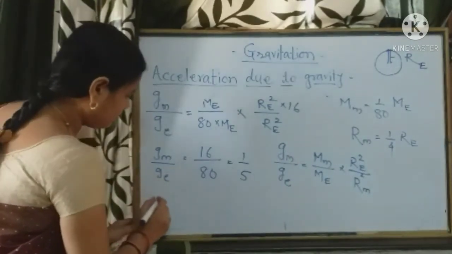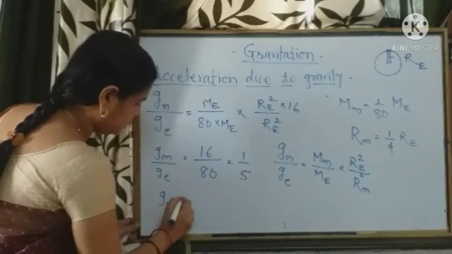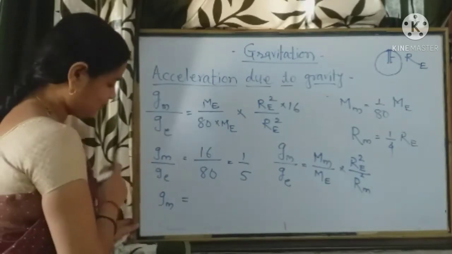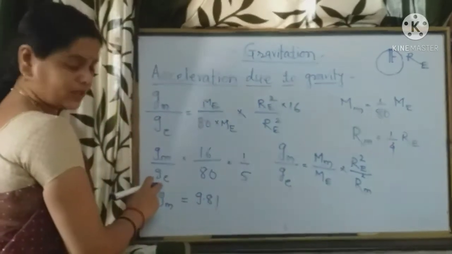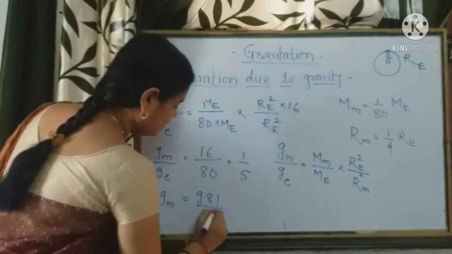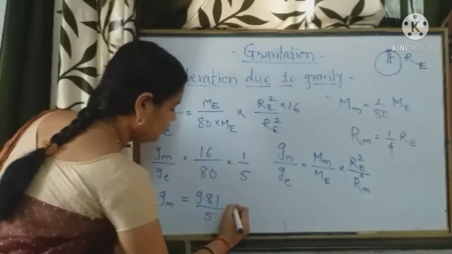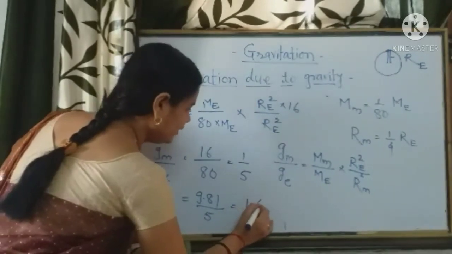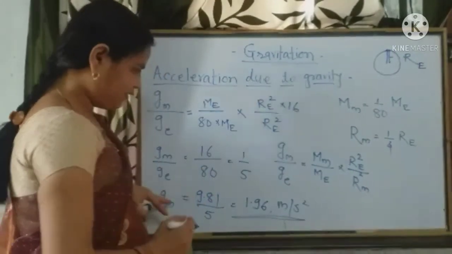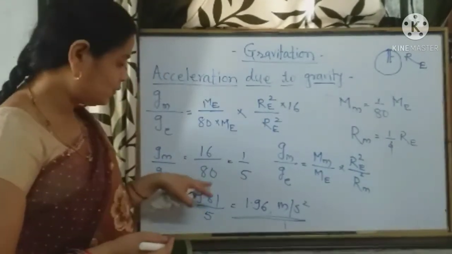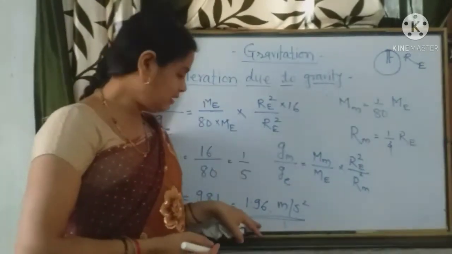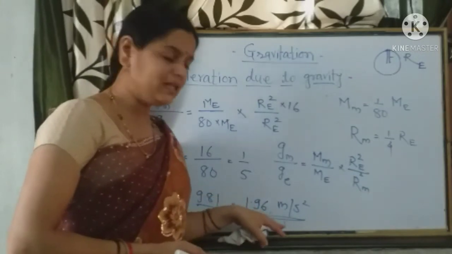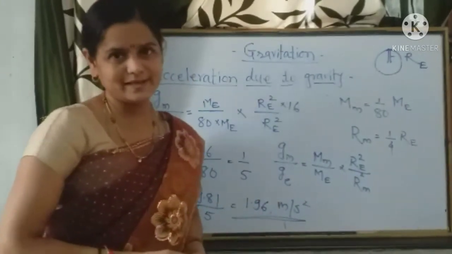But what we know is g for Earth, which is 9.81, multiplied by 1 by 5. We calculate this, and we have g for moon equal to 9.81 divided by 5, which is nearly equal to 1.96 meter per second square.